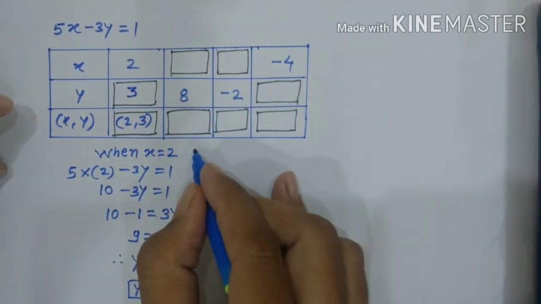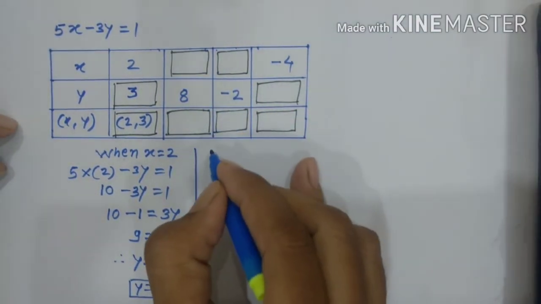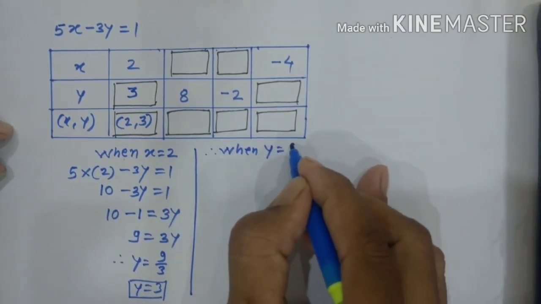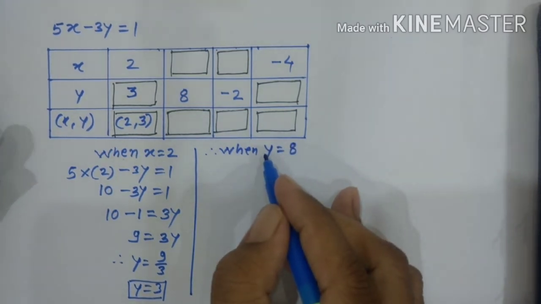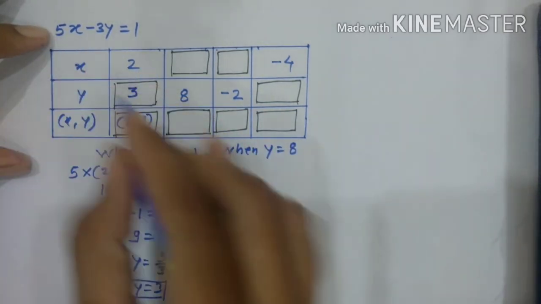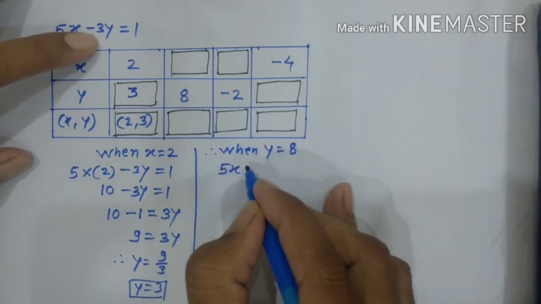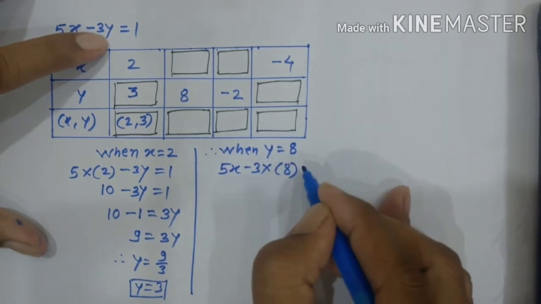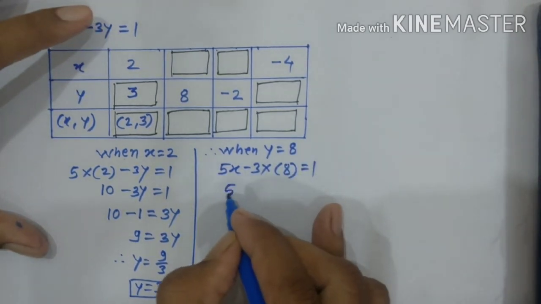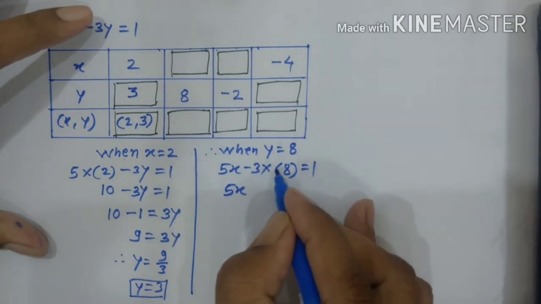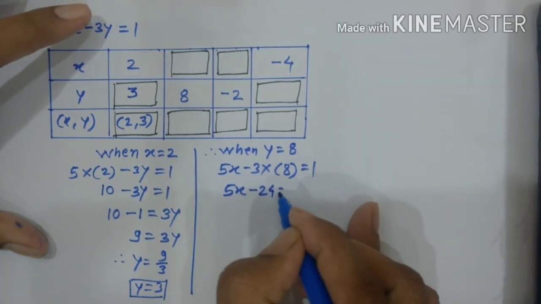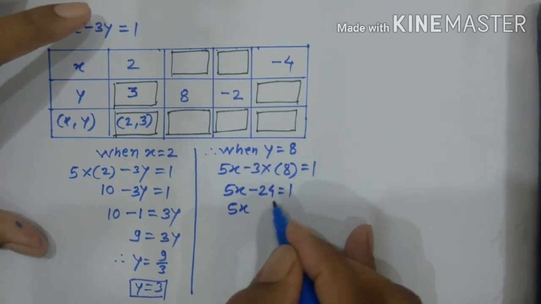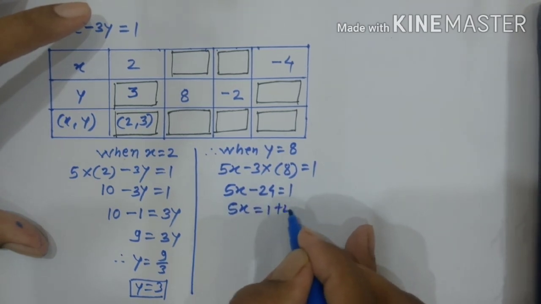Now when y equal to 8, put this value of y in the given equation. 5x minus 3 into y, the value of y is 8, equal to 1. 5x minus 24, since 3 eights are 24, equal to 1. 5x, transpose minus 24 to the right side. Therefore 1 plus 24.